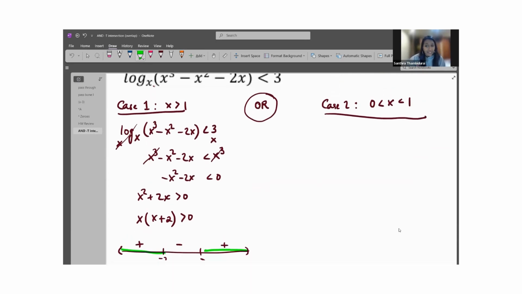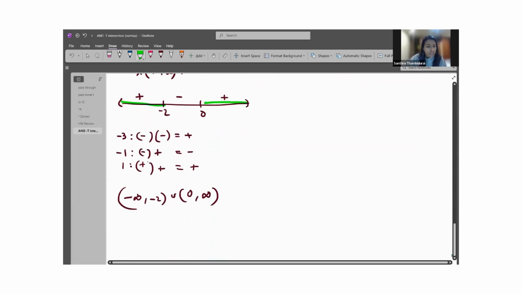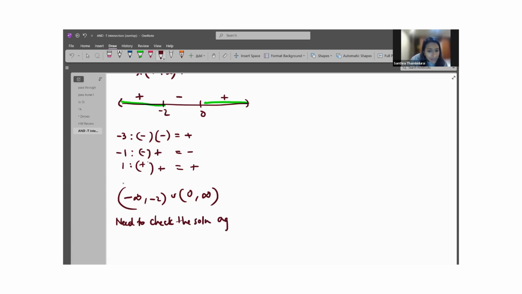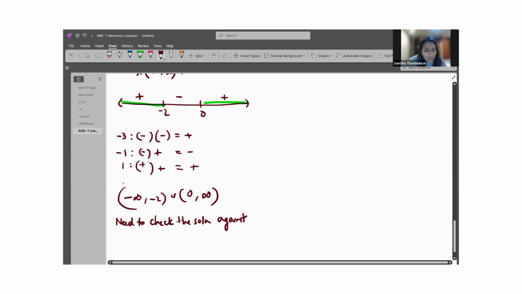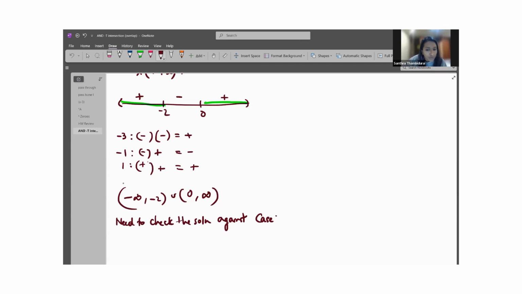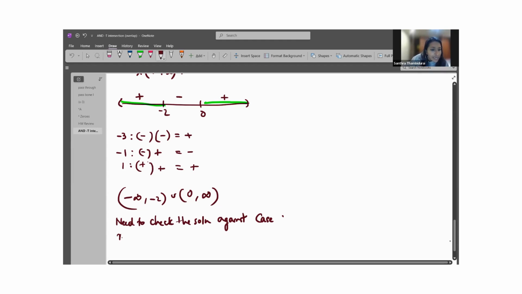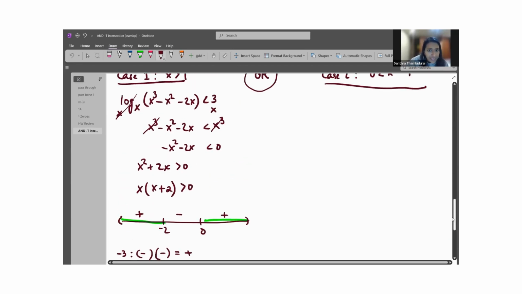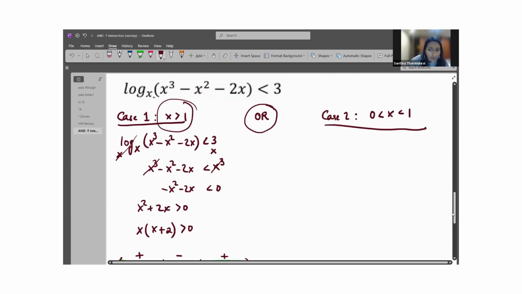Now, the next step is important. Once you get your solution for this, you need to check the solution against the case restriction that you've put. The restriction that we put for this case was x must be greater than 1.